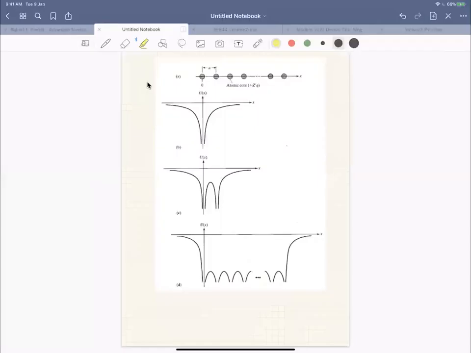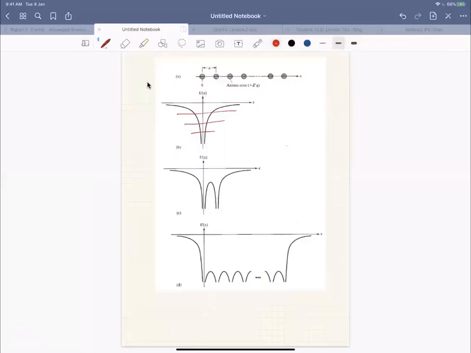So if I talk of a single atom, we have some discrete states here. These are the states where you could find electrons.